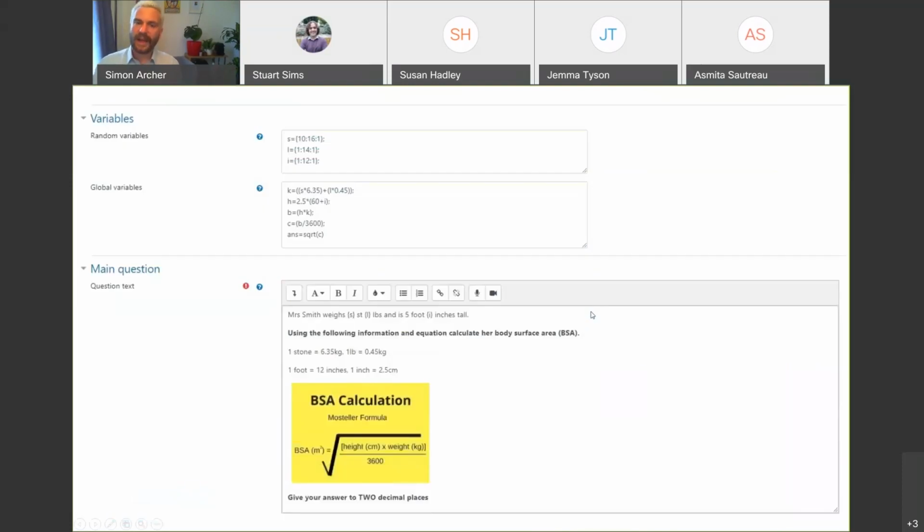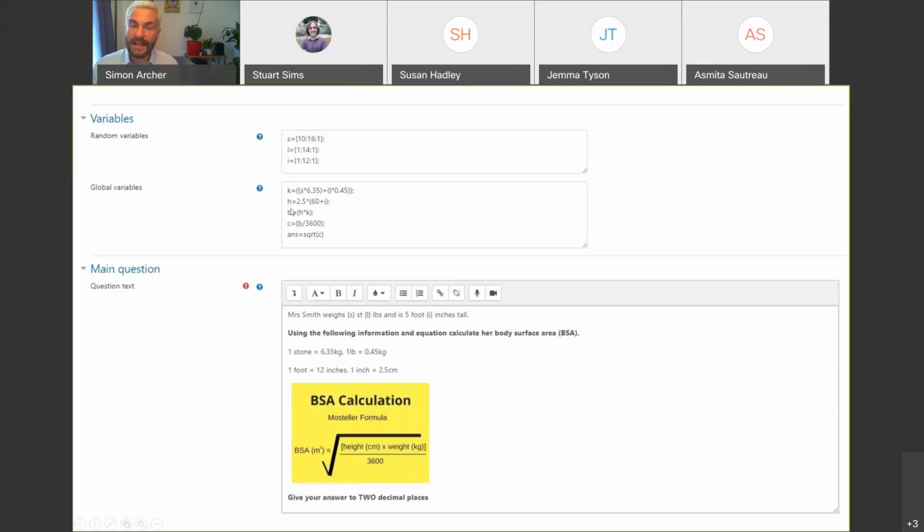So again, it's getting more complex now. We've got our variations for our stones. We've then got the formula to convert it. So I've said K, or kilos, will equal whatever the computer's picked for the number of stones multiplied by the factor, plus the number of pounds multiplied by the factor.